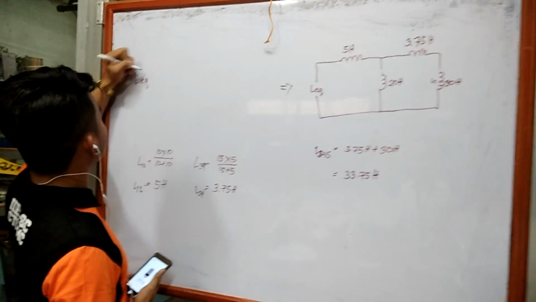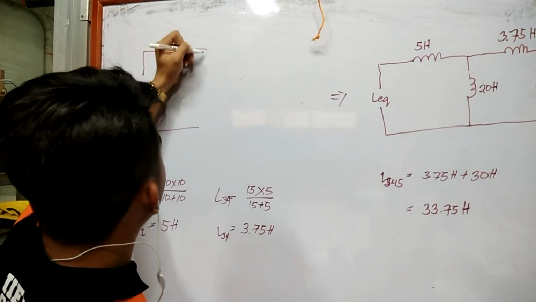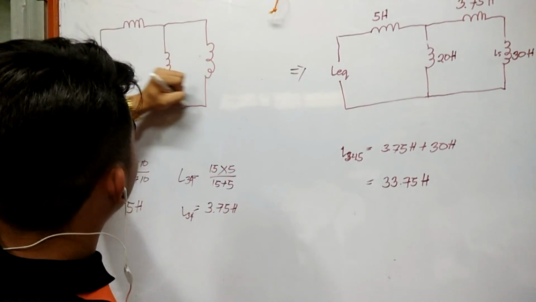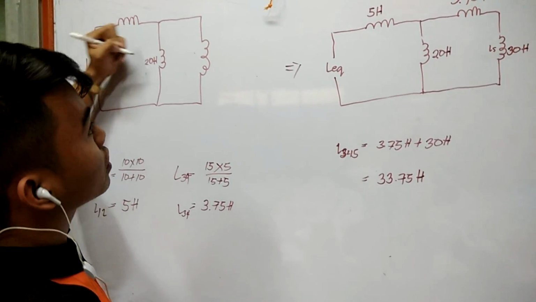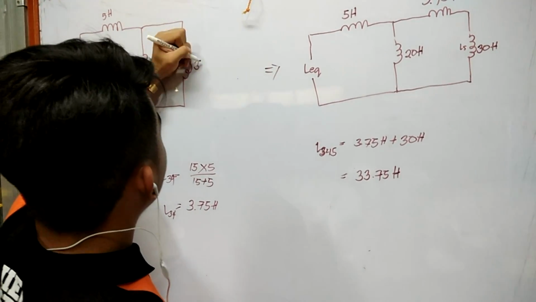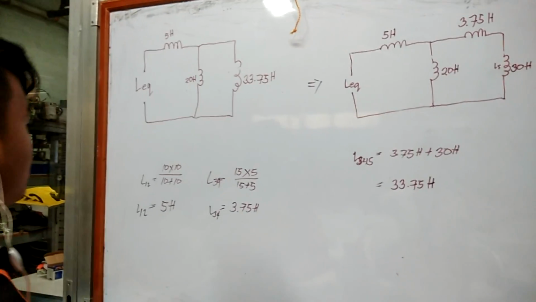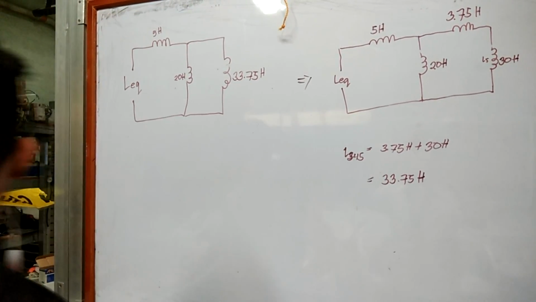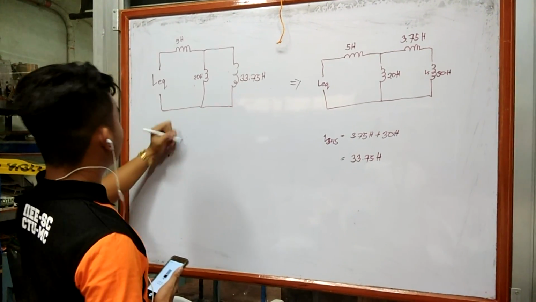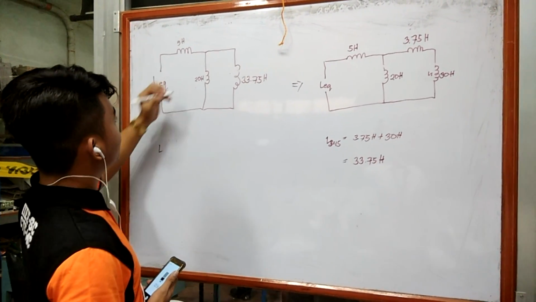With 20 henries, 5 henries, and 33.75 henries. Now we can use the parallel formula. So we can easily get L3,4,5,6.